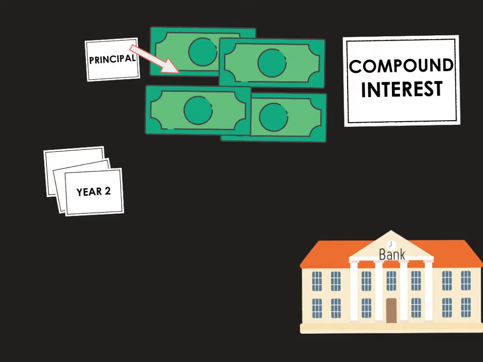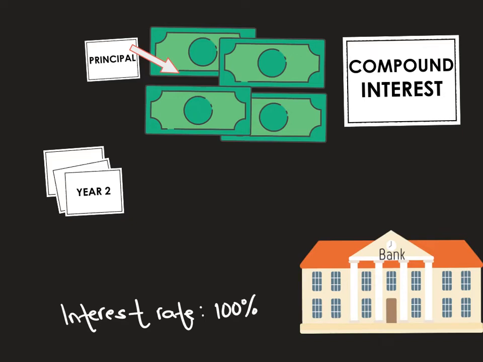For year 2, we now have $400 in the bank. And when we calculate our interest, and remember our interest rate was 100%, when we calculate our interest for year number 2 at 100%, we're not getting $200 to put in the bank.